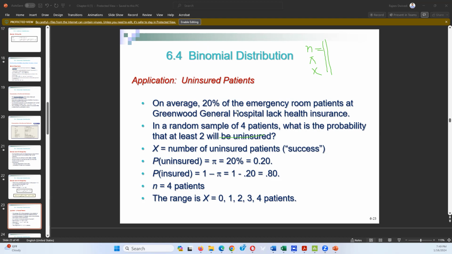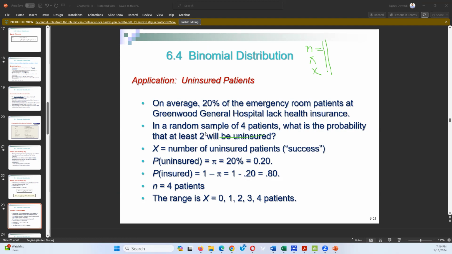So clearly this is a binomial distribution case. In a random sample of 4 patients, what is the probability that at least 2 will be uninsured? So pi is 20%, n is 4, and x is 2.